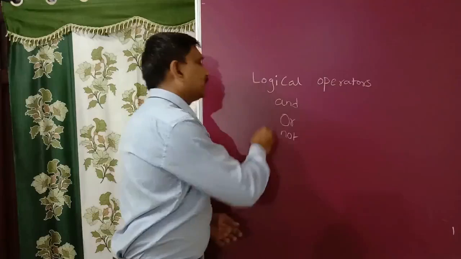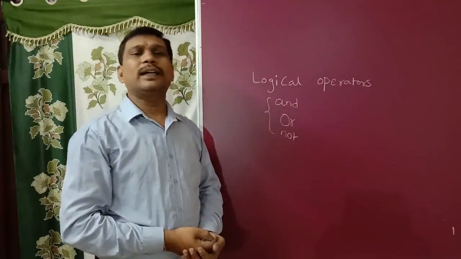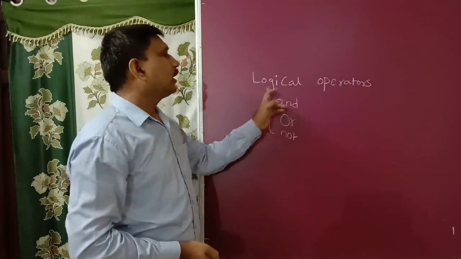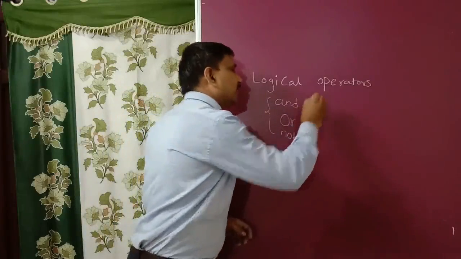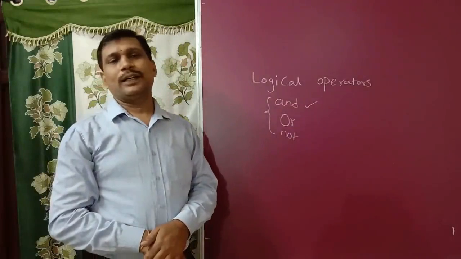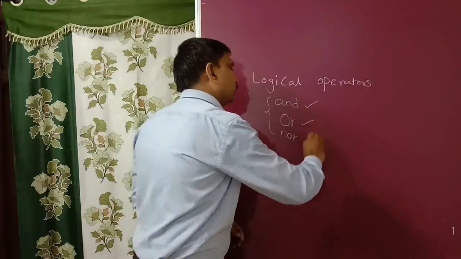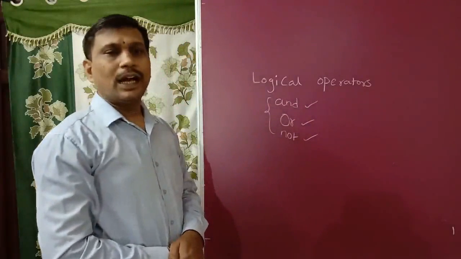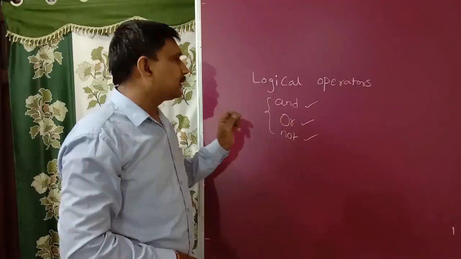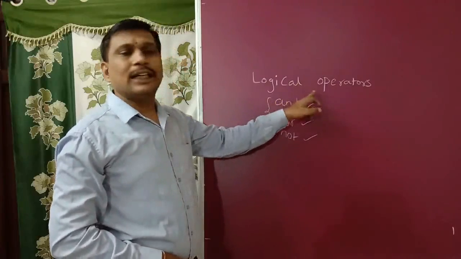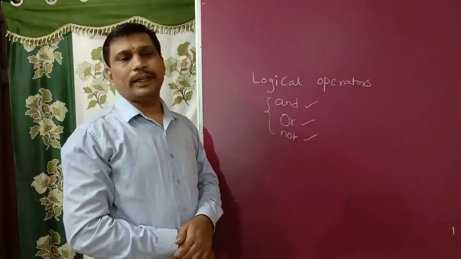These are the three fundamental logical operators. Last class we discussed the and operator with examples. Today we discuss the remaining two logical operators, or and not.